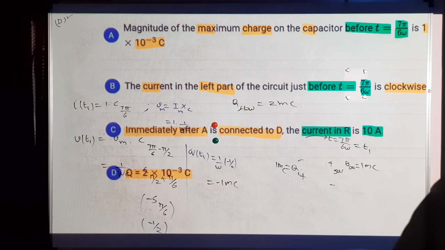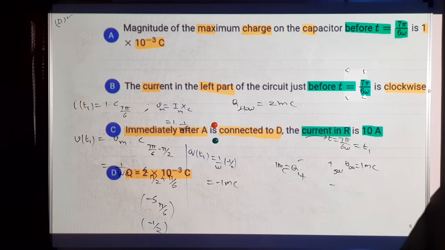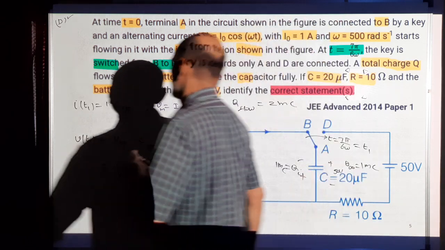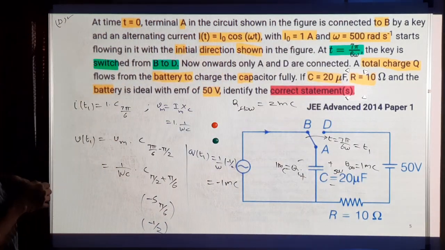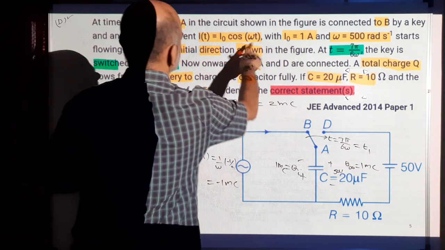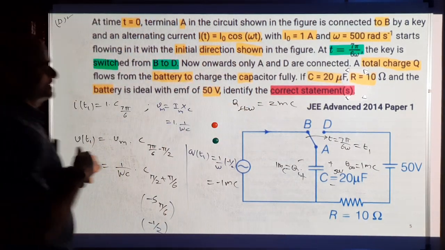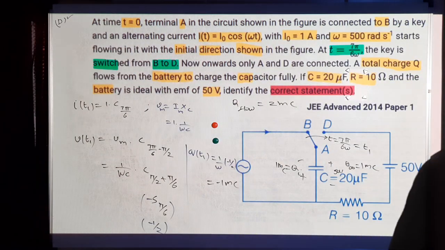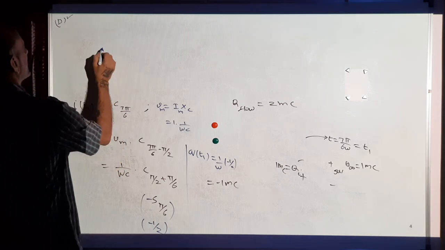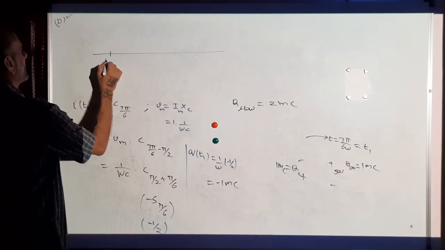Statement A, magnitude of maximum charge, or we can say the magnitude of maximum charge before the switch is thrown. Current is varying as this variation, cos omega t. So the switch is thrown at 7 pi by 6. t equal to 0 is here.